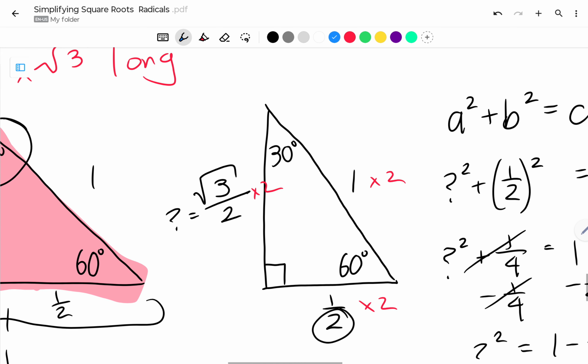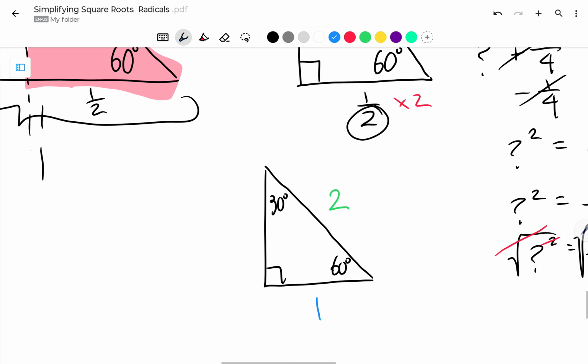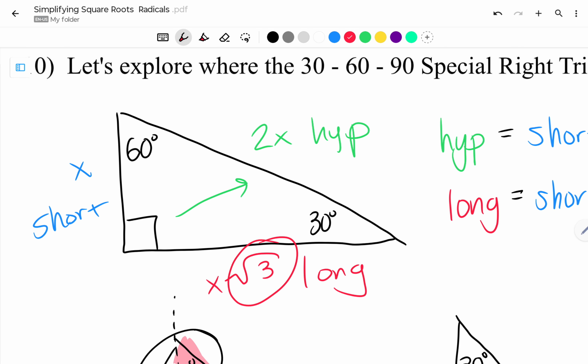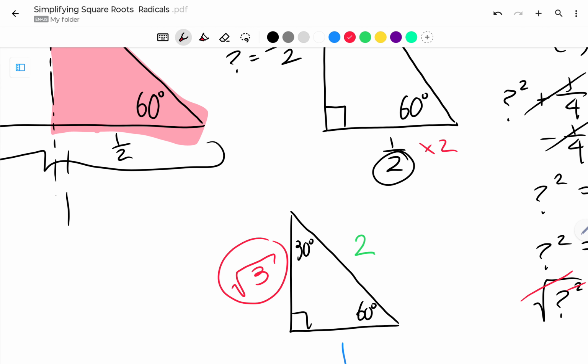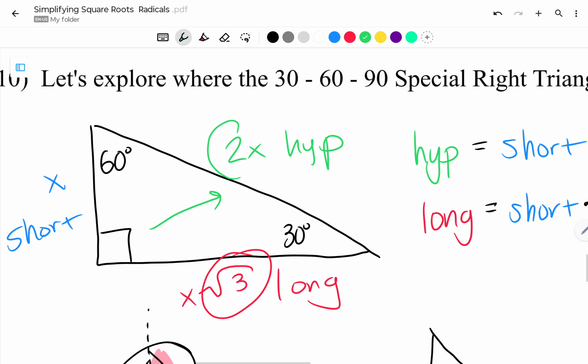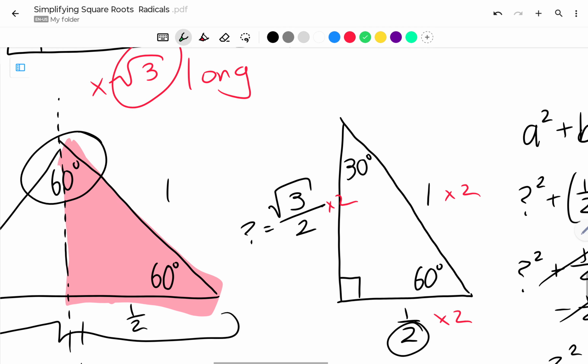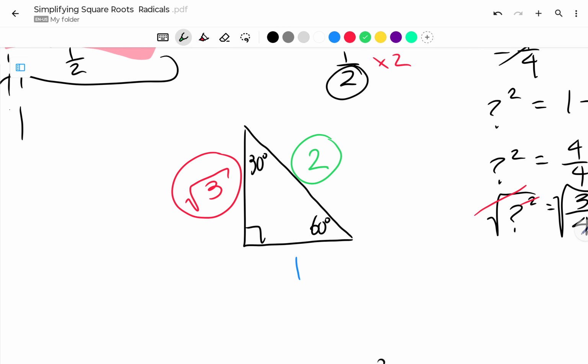And then square root of 3 over 2 times 2, that's just going to be square root of 3. Okay? So that's where these numbers come in. That's square root of 3 in the red, the 2 in the green for the hypotenuse, right? And then if the short side is 1, then everything else is that way. Okay?